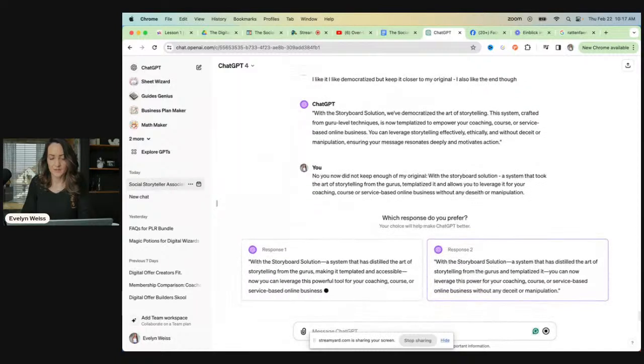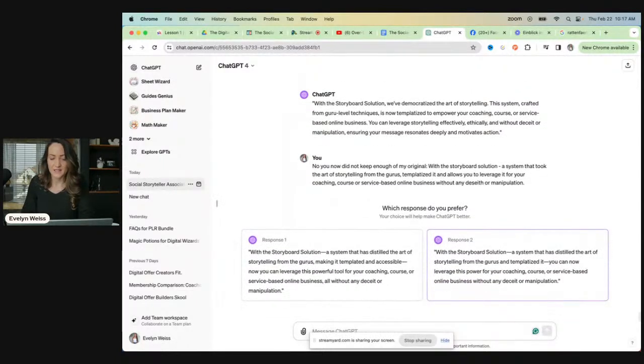With the storytelling solution, a system that has distilled the art of storytelling from the gurus, making it templated and accessible. Neither is better. Where is my democratized?